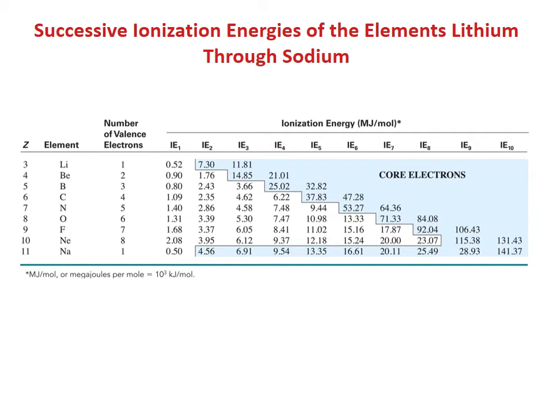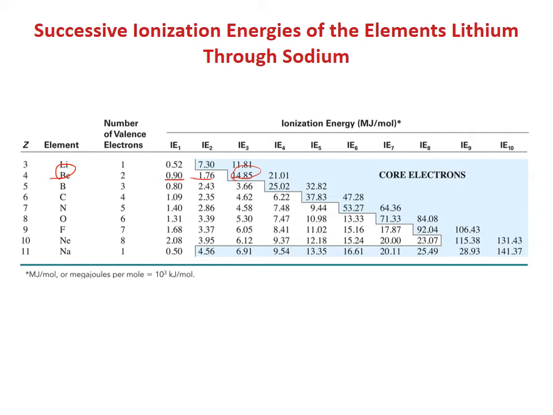We already talked about beryllium. The first ionization energy is 0.9, the second is twice this, and the third ionization energy goes to almost 10 times, because it starts to remove the core electrons. It takes much more energy than the outer shell electrons.